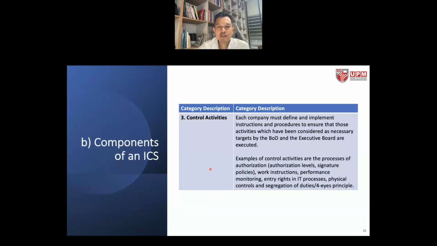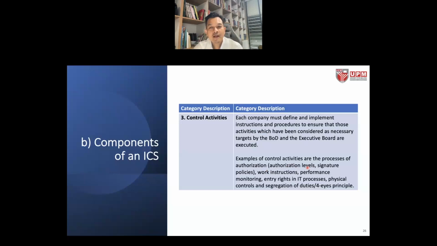The next one is control activities. Each company must define and implement instructions and procedures to ensure that those activities considered necessary targets by the board of directors and the executive board are executed. Examples of control activities are the processes of authorization, like the levels of authorization.